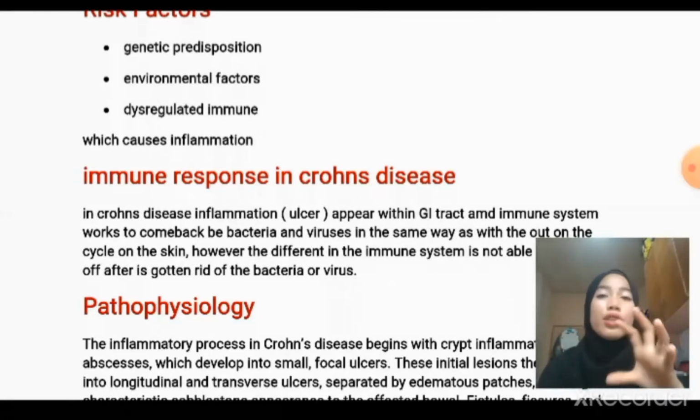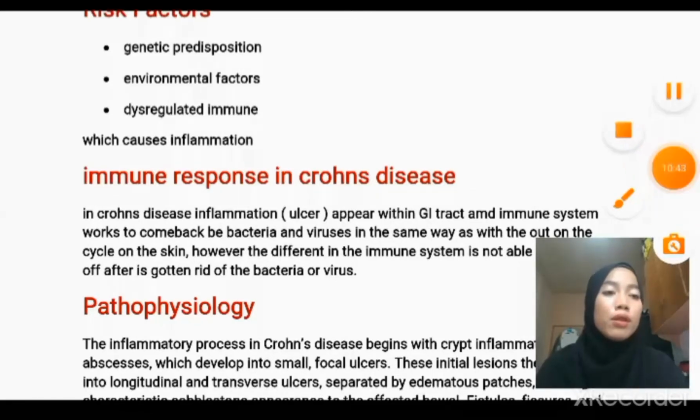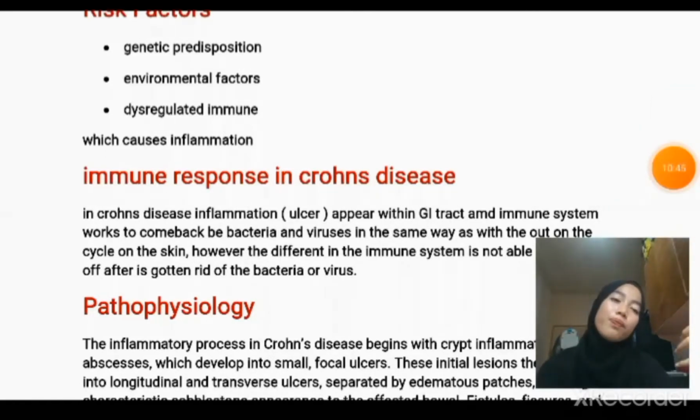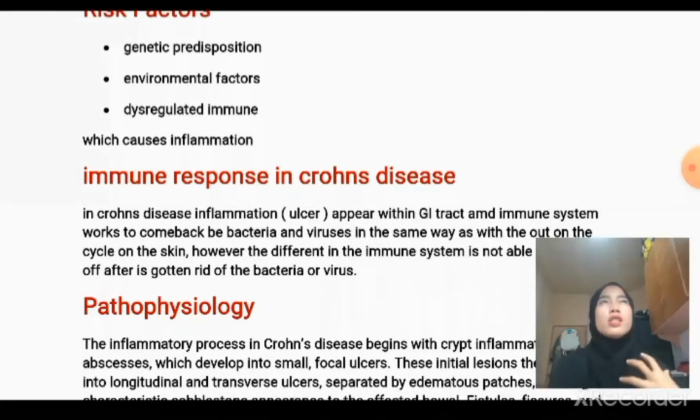This chronic inflammation causes the symptoms of Crohn's disease. Symptoms vary depending on the location and severity of inflammation. This means that every patient with Crohn's disease experiences the disease differently.